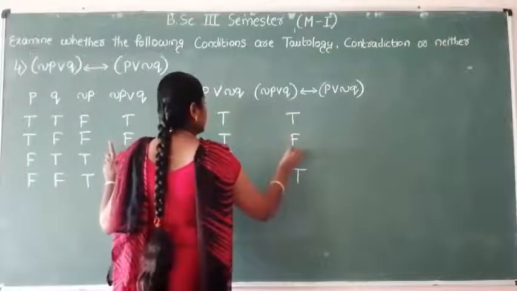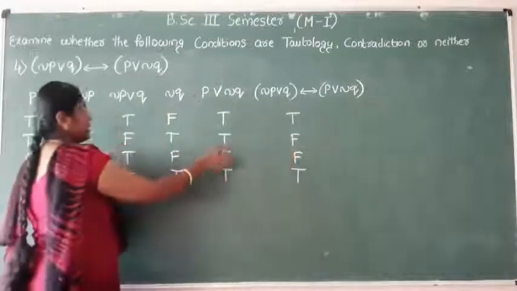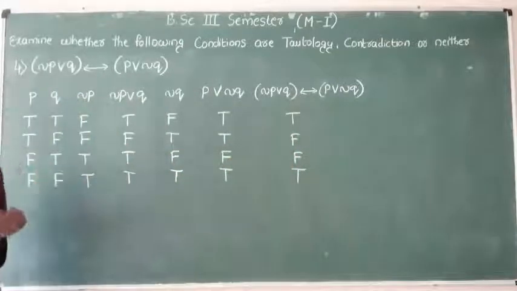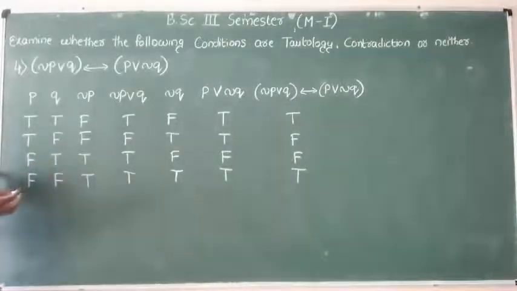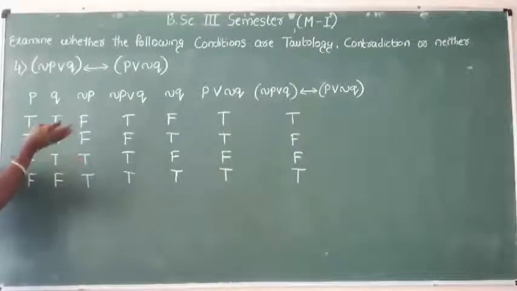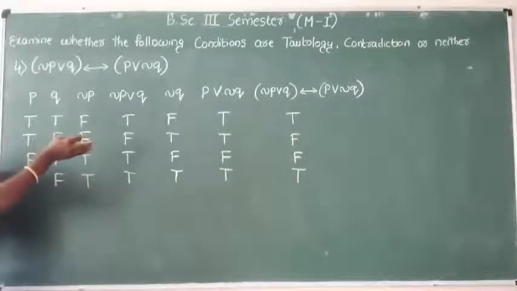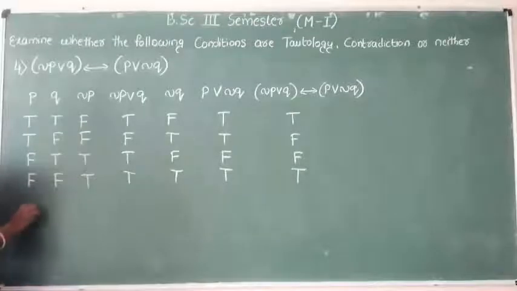In other cases, it is false because alternate terms are there and that becomes false. Therefore, the given condition is neither a tautology nor a contradiction, because two true statements are there and two false statements are there.